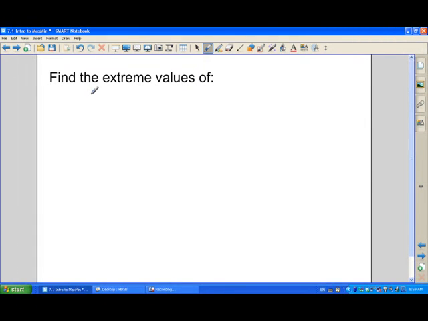We want to find the extreme values of the function f of x equals negative 2x cubed plus 9x squared plus 4 on the interval negative 1 to 5.